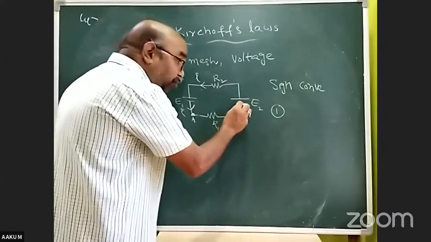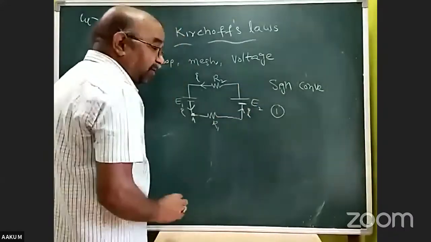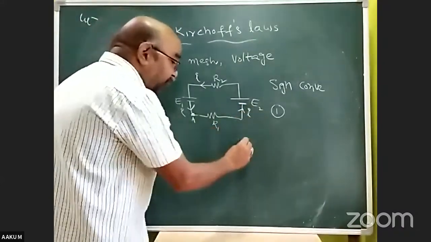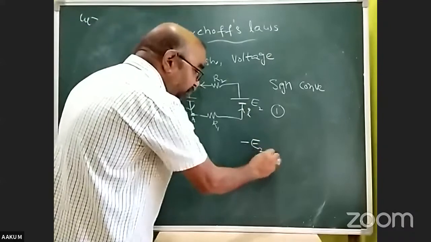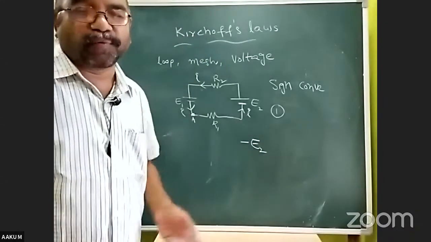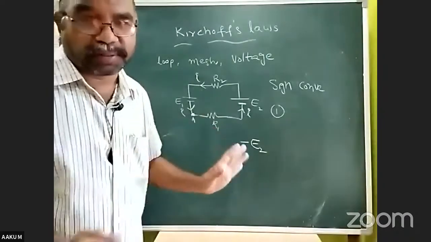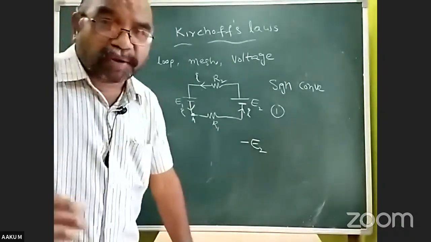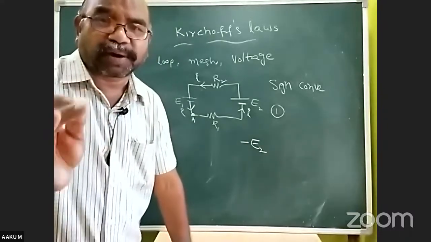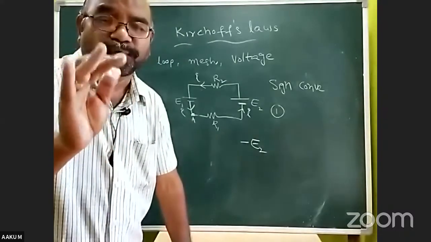So I have to give this negative sign to this electromotive force. So minus E2, simply. In different textbooks, they may give whatever it may be, but the meaning is only this. When we are entering, each and every cell contains some electromotive force. What sign we have to give to the electromotive force of a given cell?